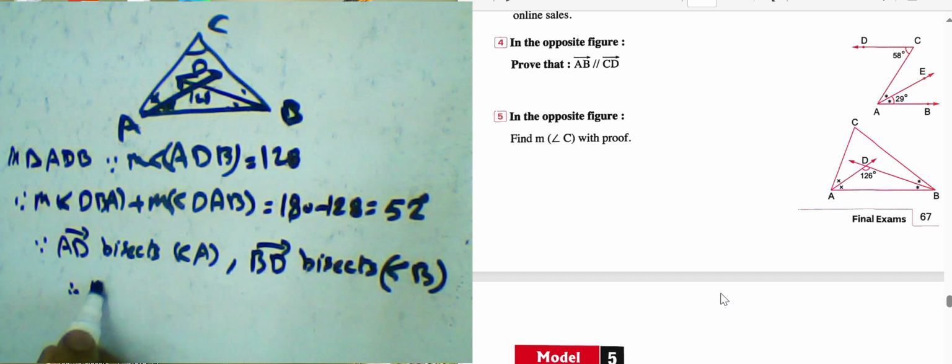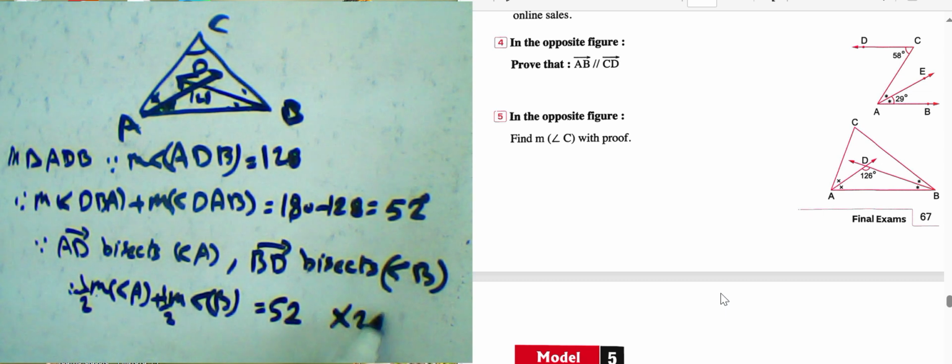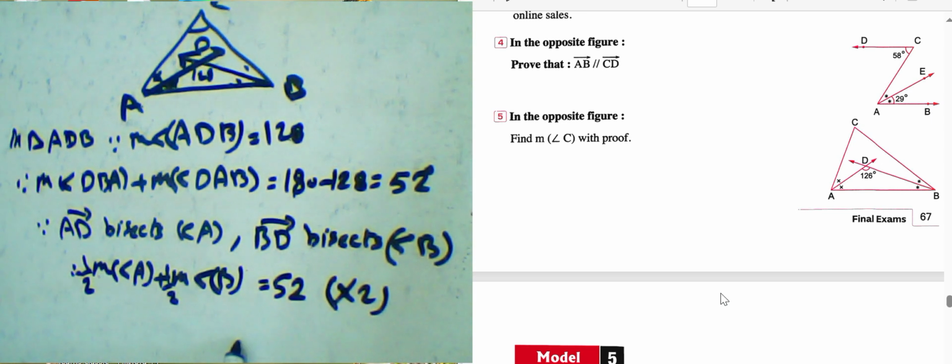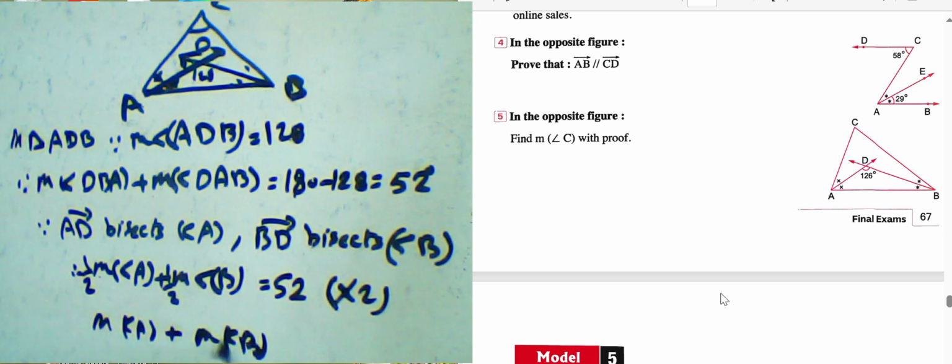We know the sum of them: half of this angle plus half of this angle equals 52. We can multiply by 2 because half of measure A plus half of measure B equals 52. We multiply this equation by 2 to find the measure of angle A plus the measure of angle B. It will be twice 52, which is 104.